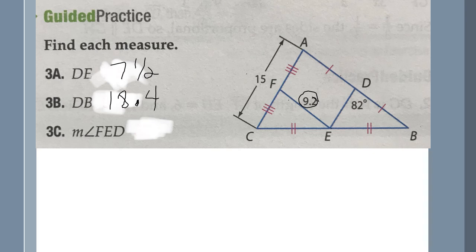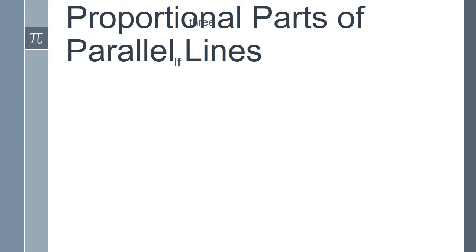Angle FED, okay, well, if this is 82, then this angle here is 82, which means that this angle here is 82. Why? Because I have a parallelogram inside here. Opposite sides are parallel. So angle FED is 82 degrees.